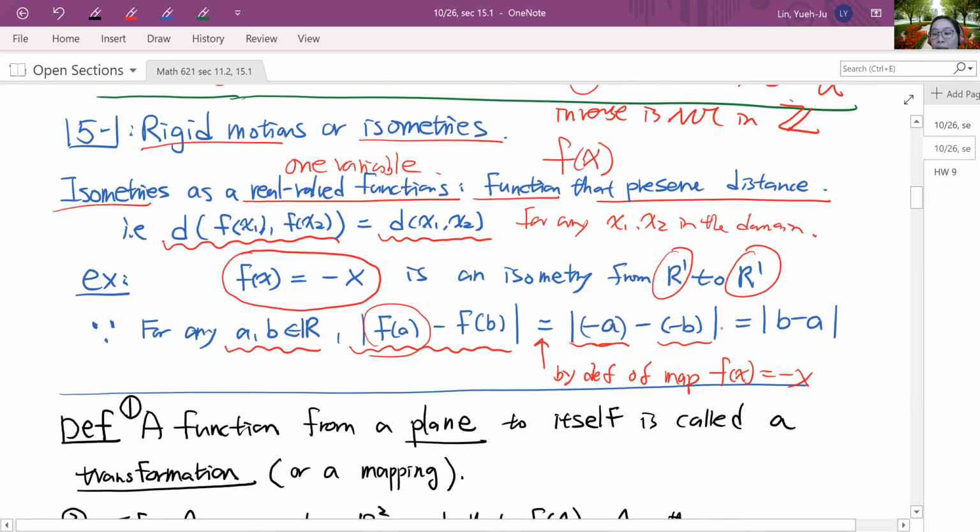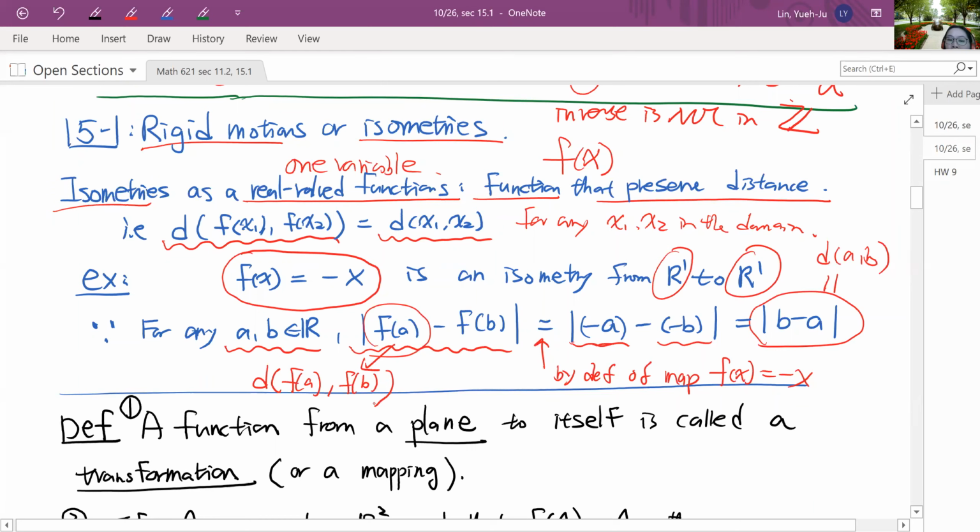If you take minus a, subtract minus b, and take the absolute value, it will be the absolute value of b minus a. This is essentially equal to the distance between a and b. And the left-hand side is the distance between f of a and f of b. So that's why I know this function is an isometry.